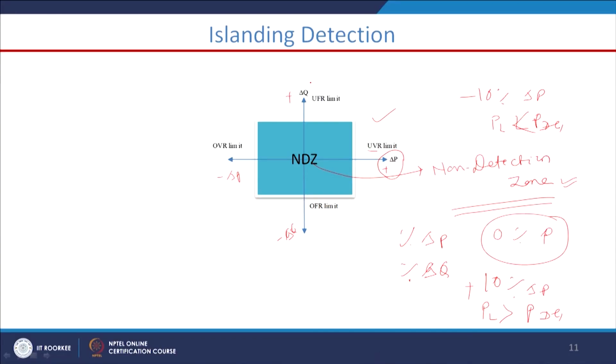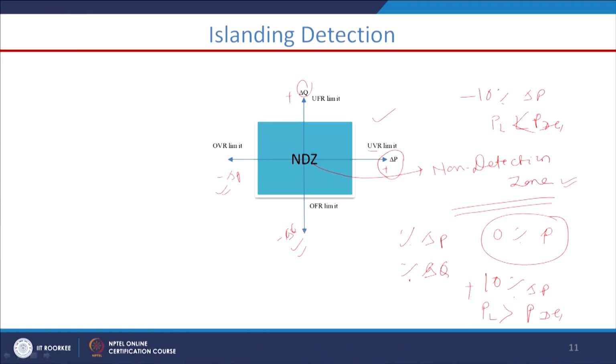So the system is loaded and the voltage is going to be reduced. So here our under voltage relay, the UVR, is going to experience a trip signal. Similarly, if you have del Q, where Q load is more, then the under frequency relay is going to be actuated, and similarly for the other two conditions.